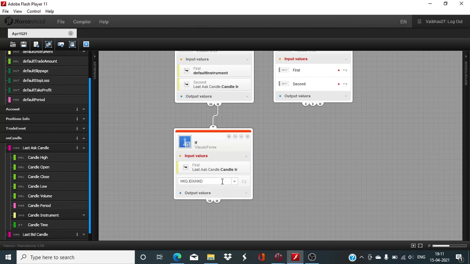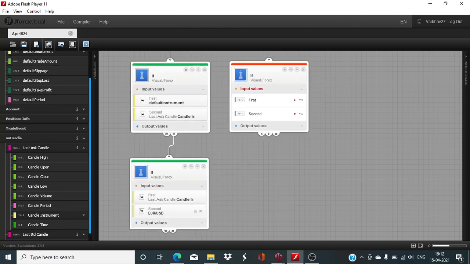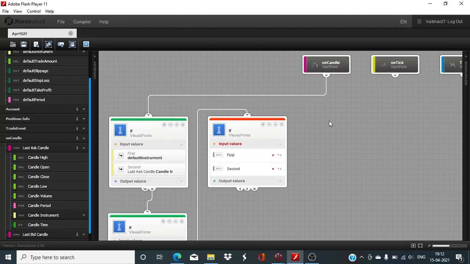And here we will have to search for Euro USD, and let's hope we will be able to find it without much hassle. Many times it happens that we overlook it. Now, today is not that day.